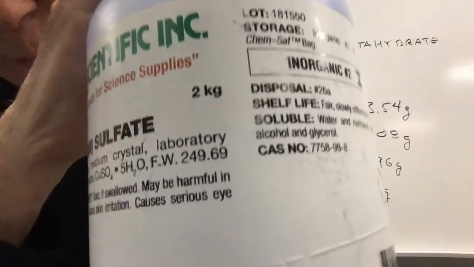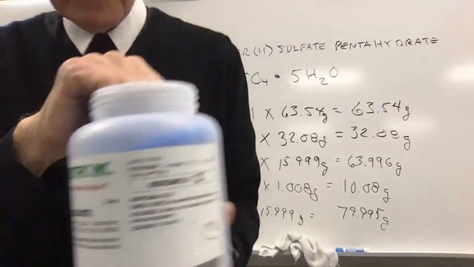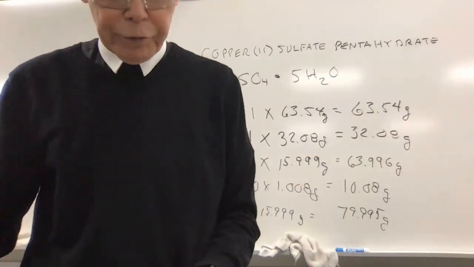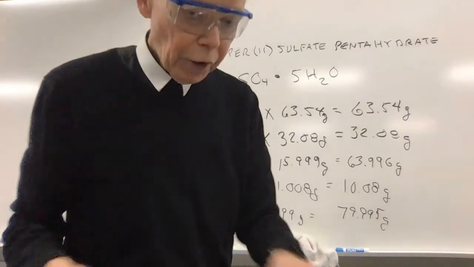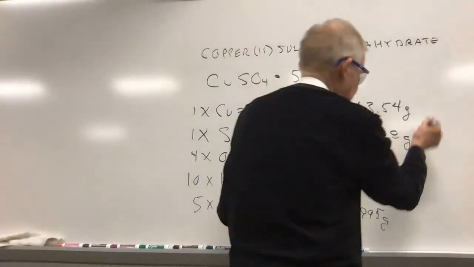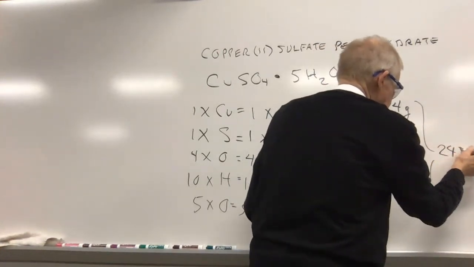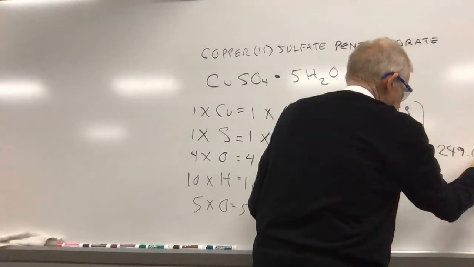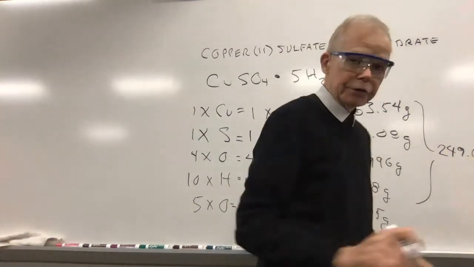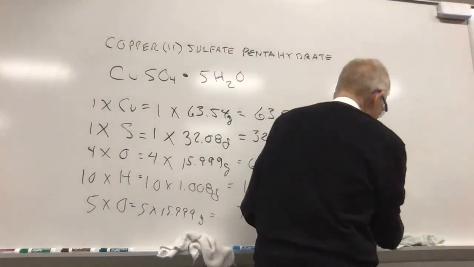You can see that the mass given on the bottle is 249.69. So my calculation that I've done here and added up, it agrees. So let me put my total up here, 249.69. When I add all these together, 249.69 grams. This is the quantity that I will have for 1 mole.